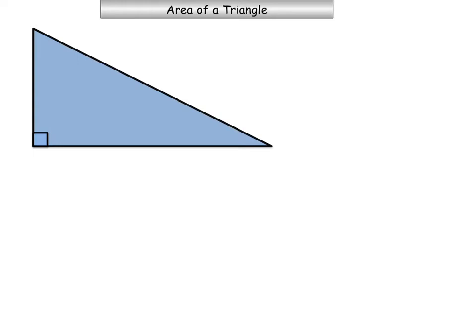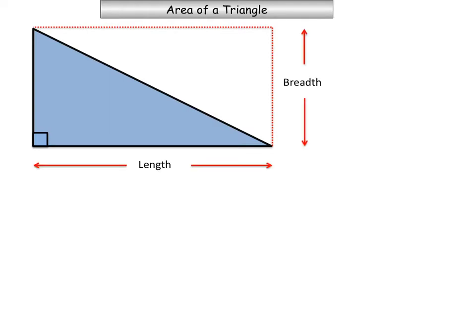Now if we make it like a rectangle, we looked at the area of a rectangle in our previous lesson. I want you to visually think about what the relationship is between that triangle and that rectangle. That rectangle has a length of length and obviously the breadth as breadth.